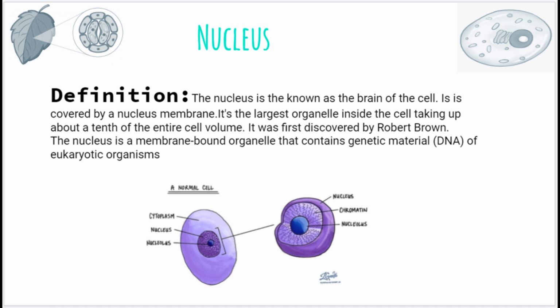It is a structure which is also covered by a nuclear membrane. The nucleus was first discovered by Robert Brown. We can see a nucleus with a compound microscope by treating the cell with some chemical substance.